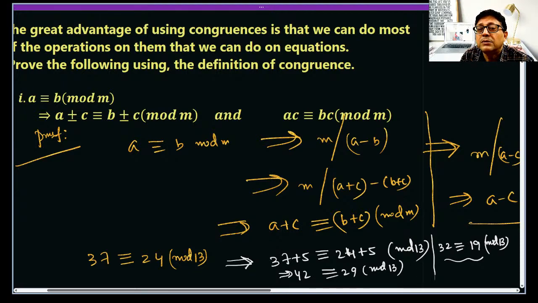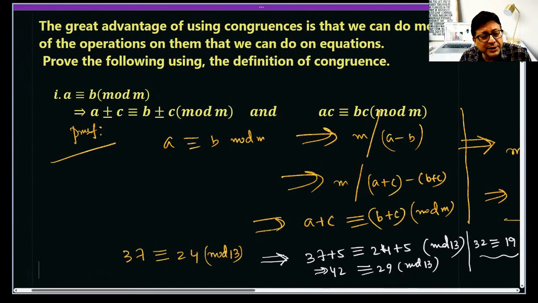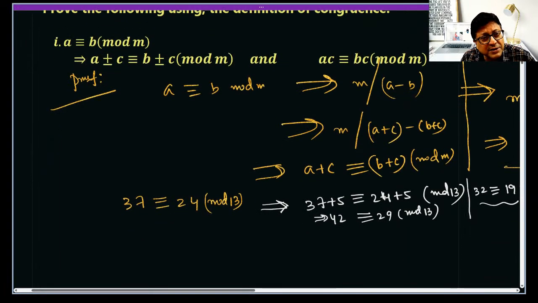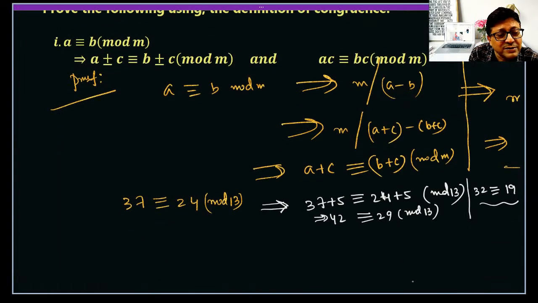Now, is the second also provable, that A into C is congruent with B into C mod M? Let us see what happens.